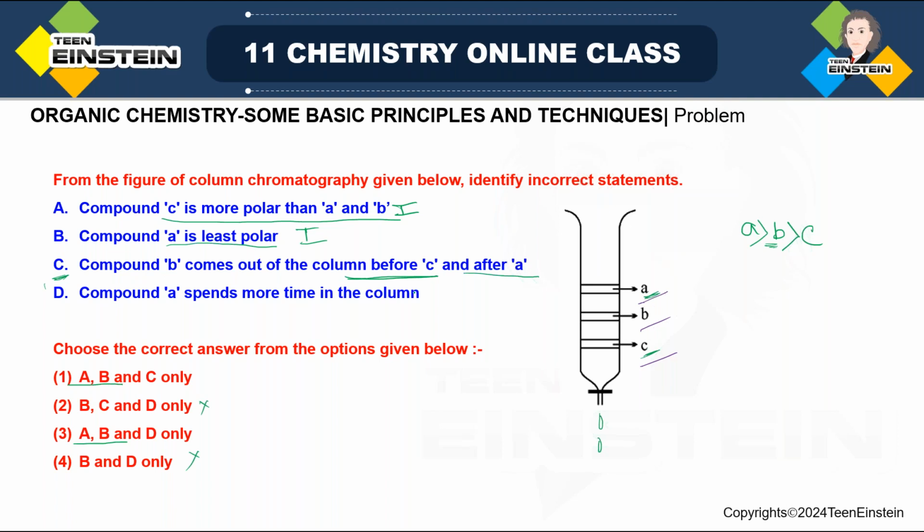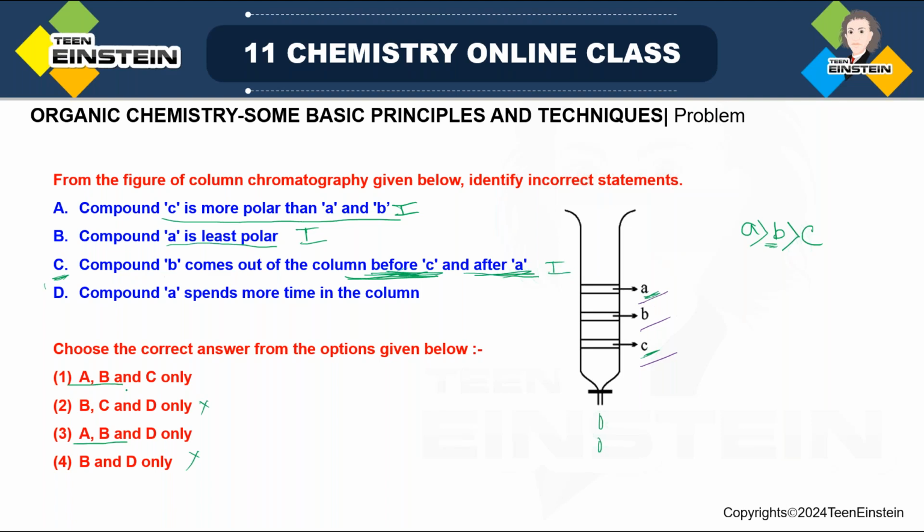Second position is for B and then A. So that is not correct. The correct statement should be it will be coming out after C and before A. So if you change this before to after and after to before, then it is correct. So C is actually not correct.